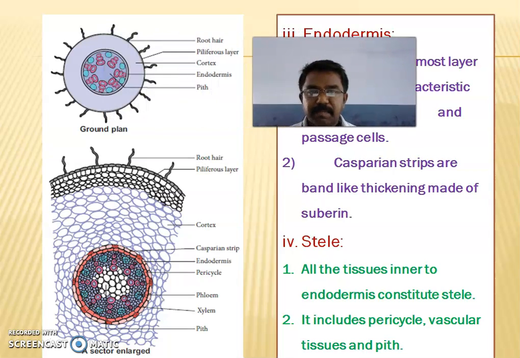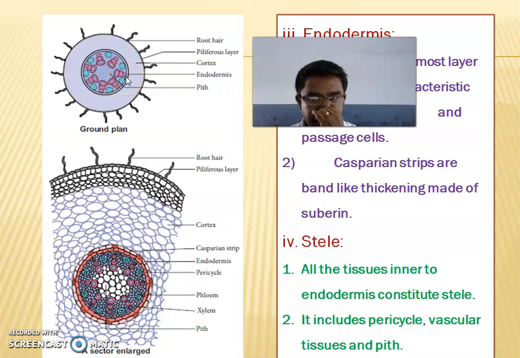See the diagram of the monocot root. These are the root hairs, the piliferous layer, the outermost layer. This region is called the cortex.